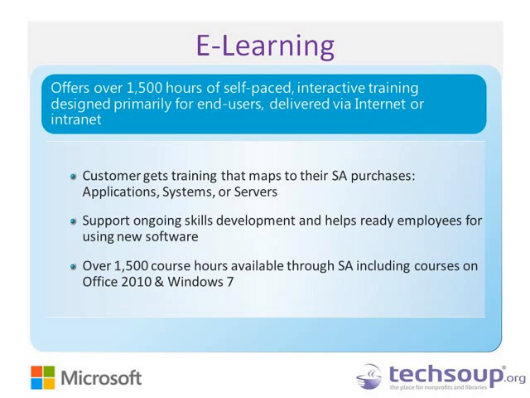So e-learning, it's quite obvious what e-learning is. Microsoft has over 1,500 hours of e-learning across the different product pools. The way you qualify for e-learning, again, is you're buying one of the Microsoft products with software assurance on top. That gives you access to the entire pool of that product.